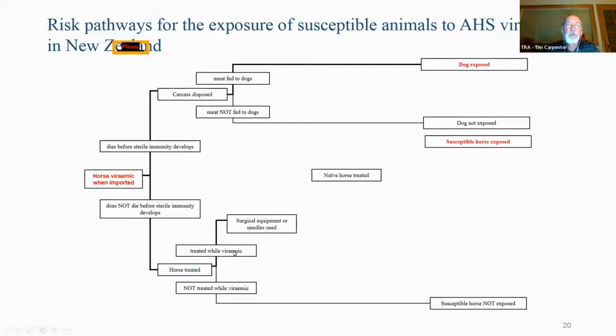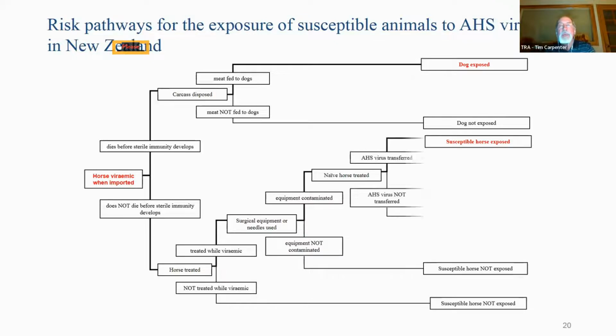If the horse were treated while viremic, there's potential contamination of surgical equipment or needles that are used. If the equipment is contaminated, then you could subsequently infect another horse in your population, a naive horse.